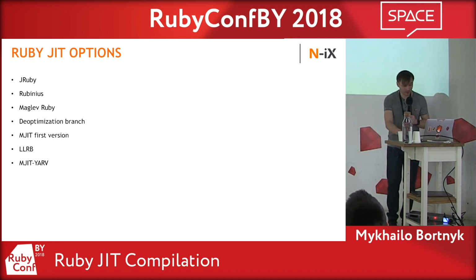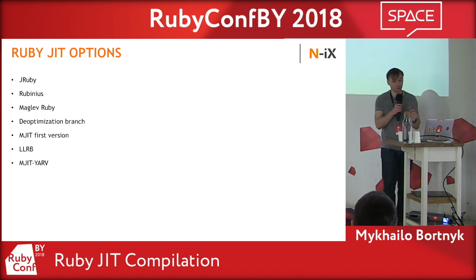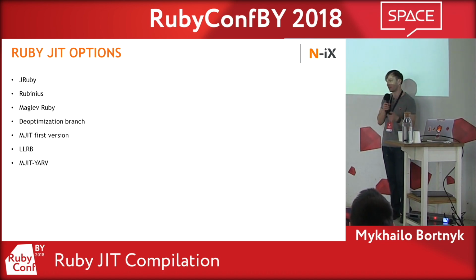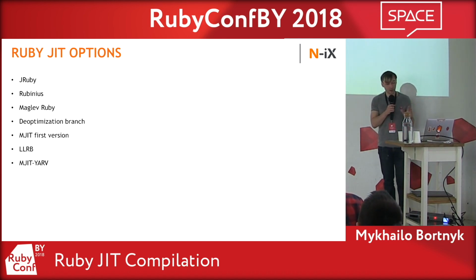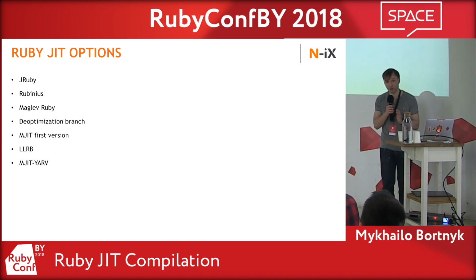After this, in 2016, appeared the very first, very naive implementation of just-in-time compilation in native Ruby itself. It used very few JIT optimizations, but it used less memory than the standard JIT implementation.